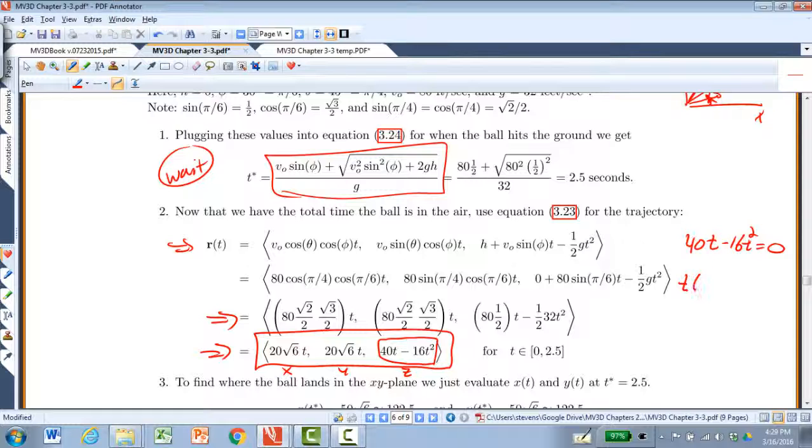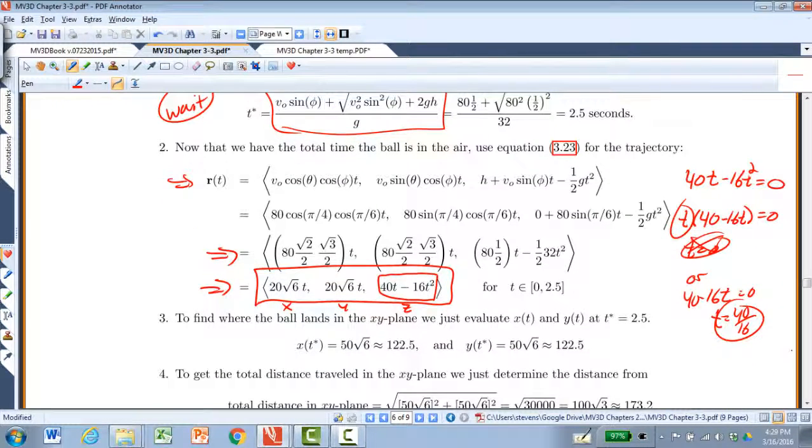That's going to give me t times (40 minus 16t) equals 0. So it's going to hit the ground at t equals 0, but that's where it started, or where 40 minus 16t equals 0, and that's just t equals 40 over 16. And 40 over 16 is 2.5.